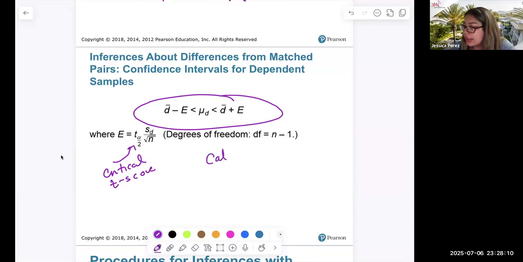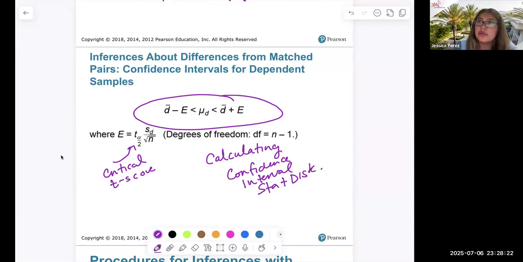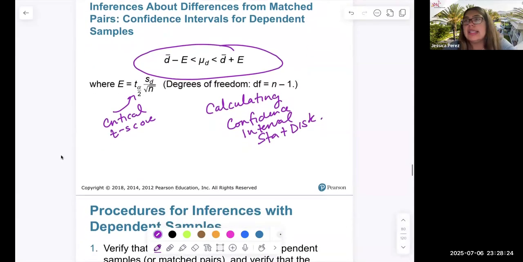Again, we are going to be calculating the confidence interval using StatDisk. So StatDisk will help us find the t-score, the test statistic, the critical score, and the confidence interval.